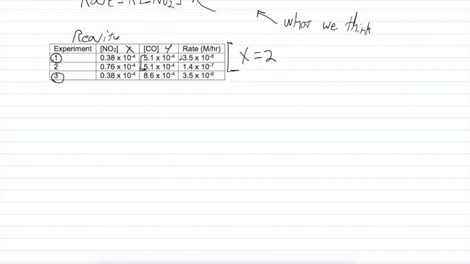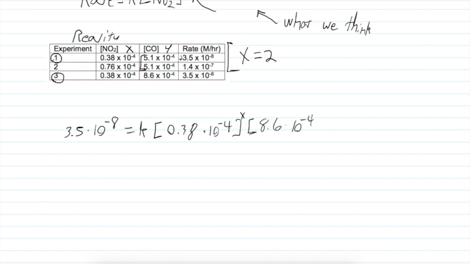Here for experiment 3, you have the rate of 3.5 times 10 to the negative 8 equals K times our concentration of NO2, which is 0.38 times 10 to the negative 4, to the power of x, times the concentration of CO, which is 8.6 times 10 to the negative 4, all to the power of y. That is experiment 3.